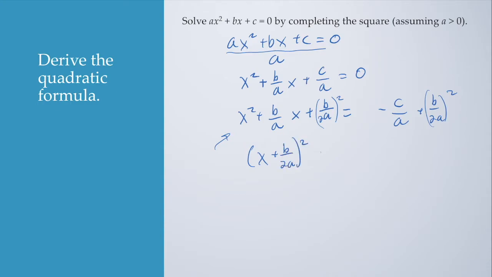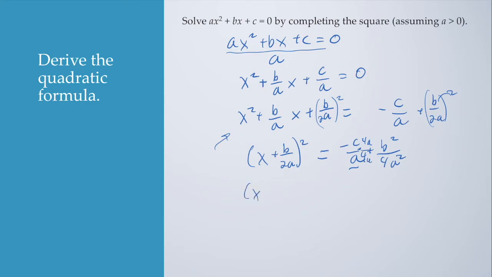And it's going to be equal to, I've got negative c over a, I've got b squared over 4a squared, and I need to rewrite this right-hand side as one fraction. Well, how do I make a look like 4a squared? I multiply it by 4a on the top and the bottom.